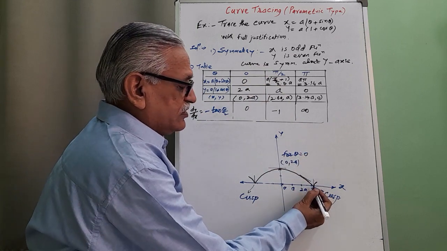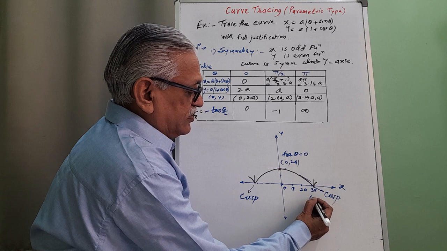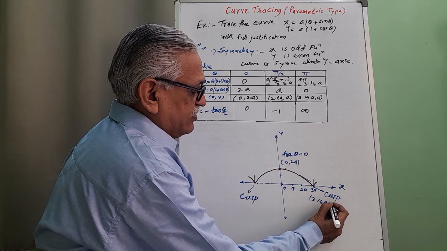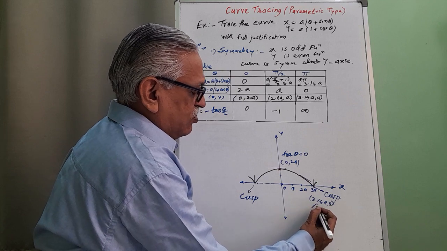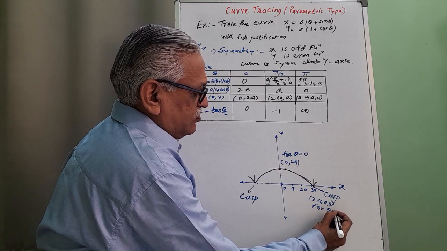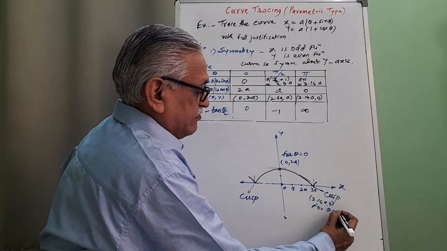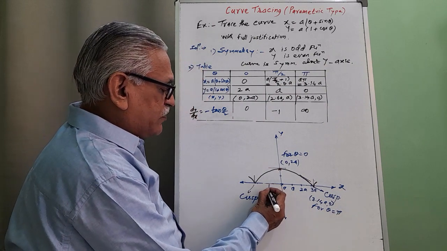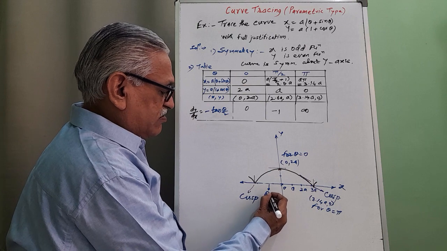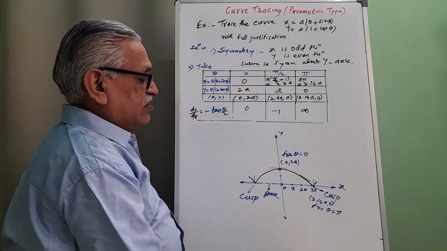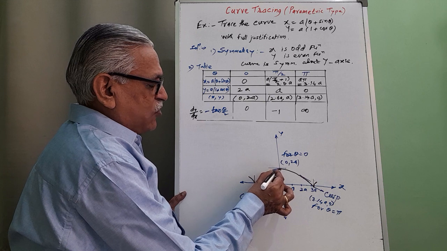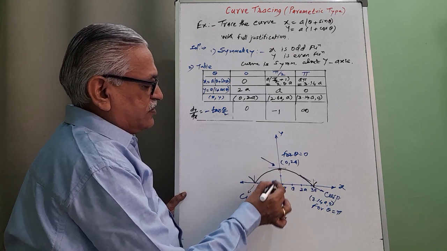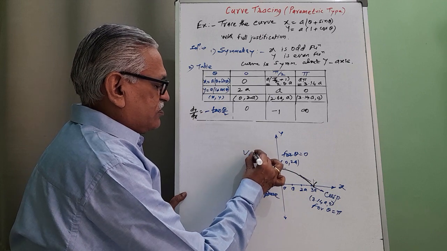And this point is 3.14a and 0 for theta equal to pi. This x-axis is called the base of that cycloid. This point where the tangent is parallel to the x-axis is called a vertex point.